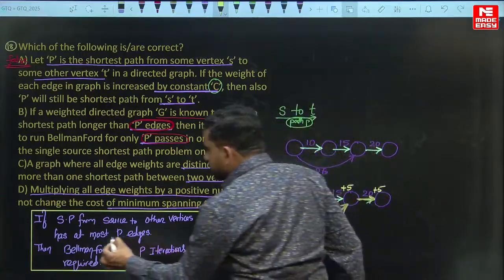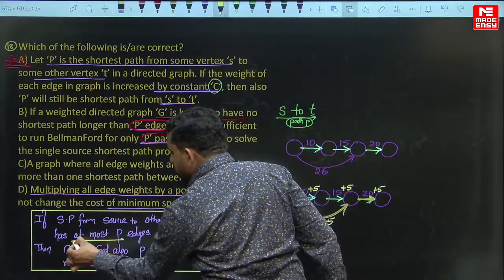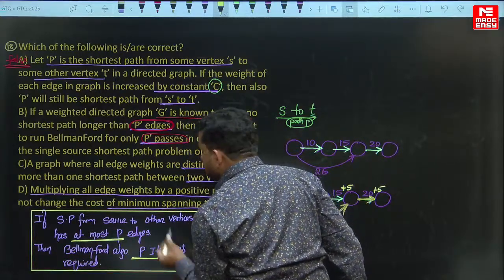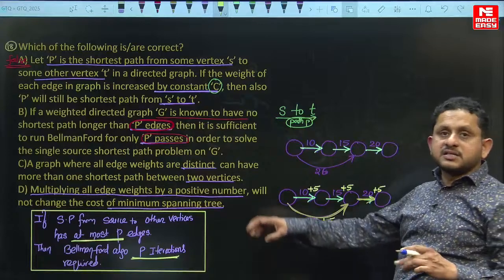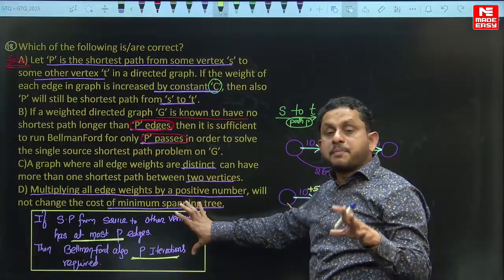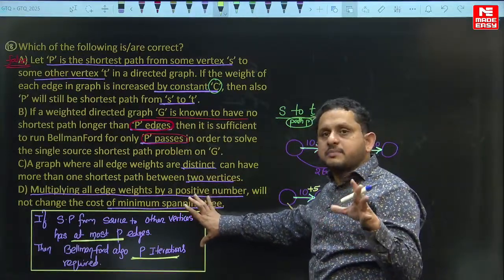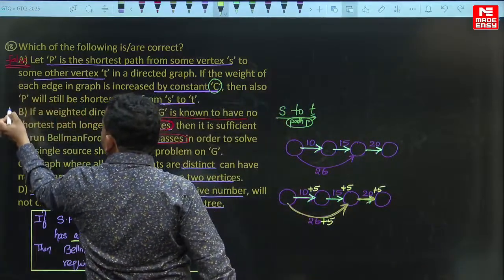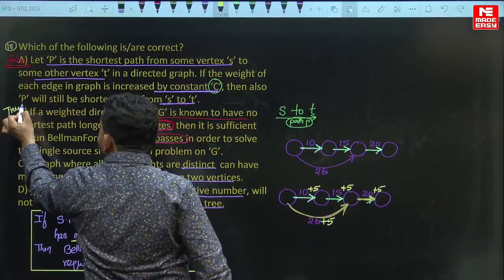If the shortest path consists of at most n minus 1 edges, then Bellman-Ford requires n minus 1 iterations of edge relaxation. That is the reason Bellman-Ford applies edge relaxation for all edges n minus 1 times. So this second statement is true. The second statement is true.